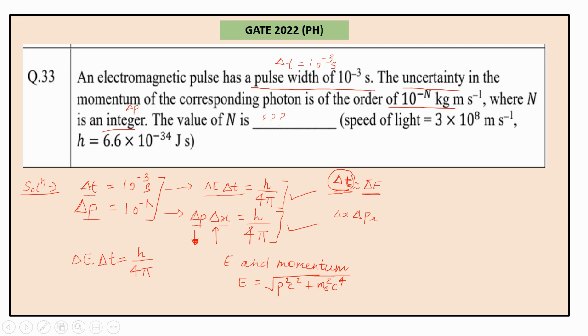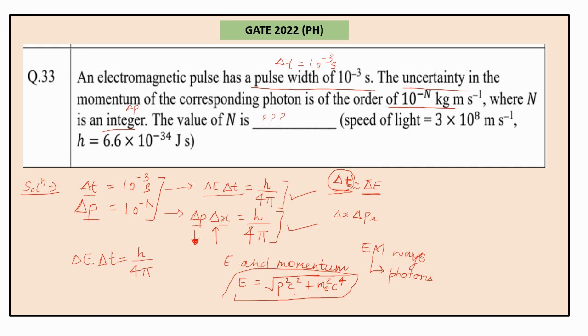This is a relation, right? In quantum mechanics, this is a relation between energy and momentum. But this is an EM wave, and what is an EM wave? EM waves are moving photons, right?